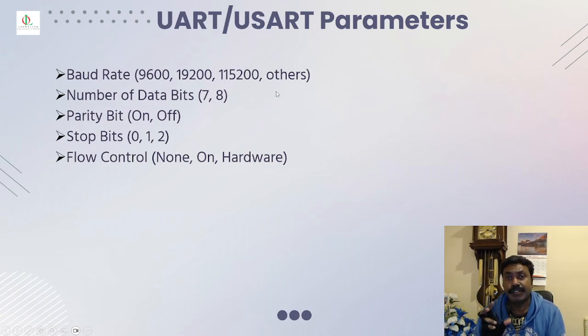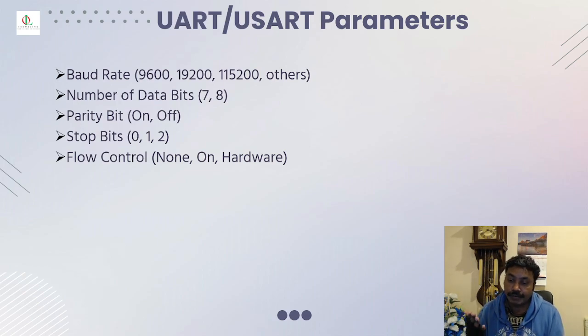Generally, the data bits come in 7 and 8 bits, but the most widely used is 8 bits, though there is also 7 bits. There are also parity bits, used with on and off. This is where you can use odd and even parity for error checking. And for data transfer, you can also use stop bits. In general, it will come as 0 bits, you don't need anything for USART.